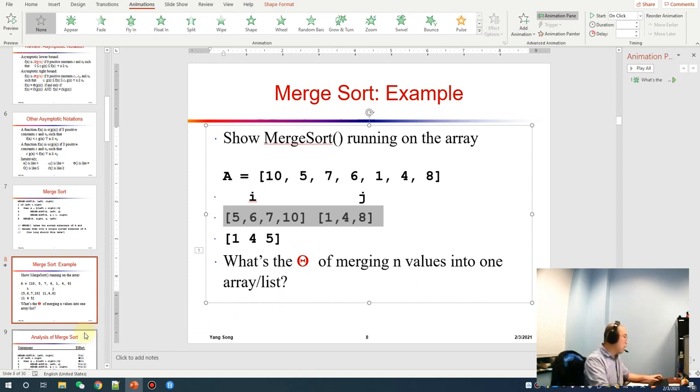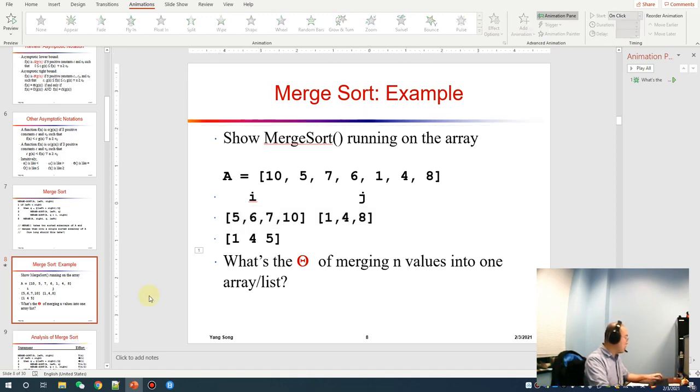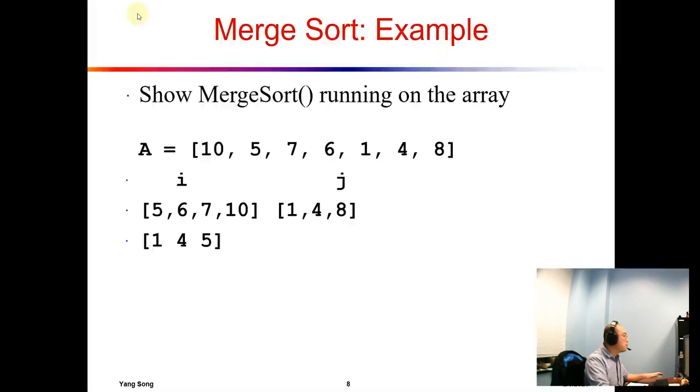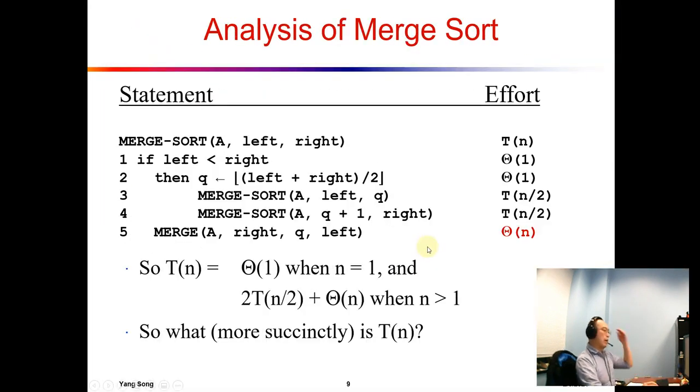Okay, so after that, let's see the merge sort again, and we want to put together all the effort to sort an n value list. For the first line, we are doing a comparison. This comparison can be done in constant time, of course, and the second line is also constant time.